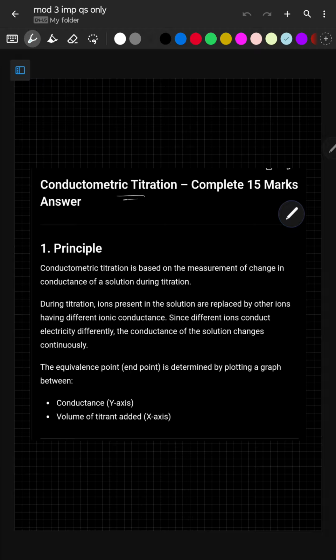Or can I say it like this: conductance depends on the nature of ions, mobility of ions, and number of ions. That also is important, alright?